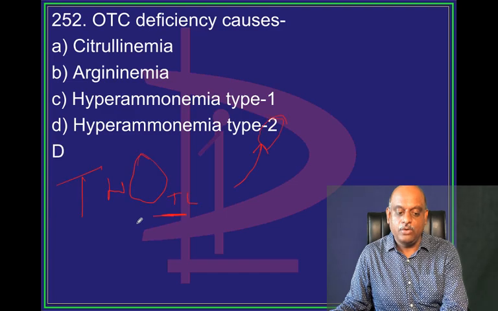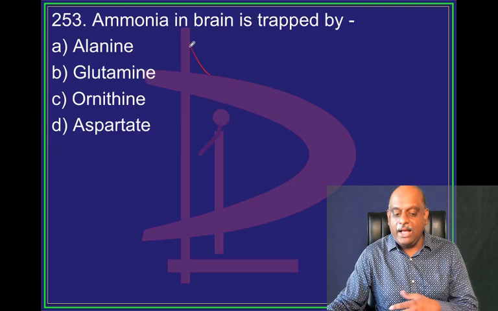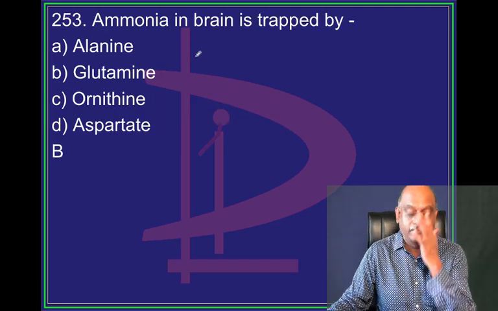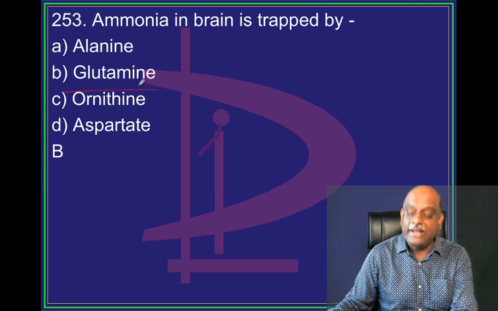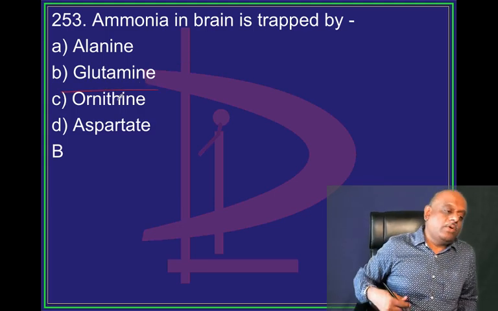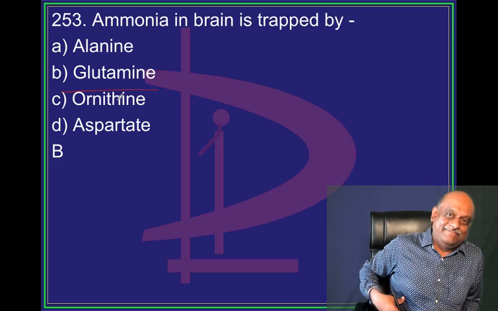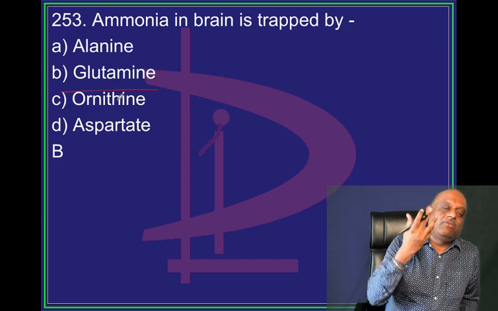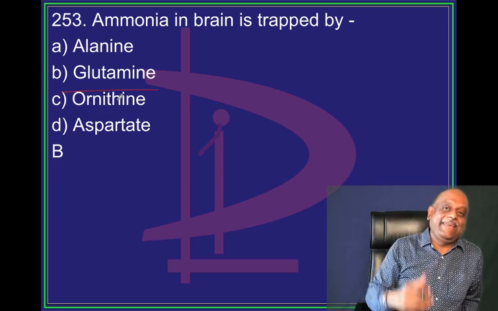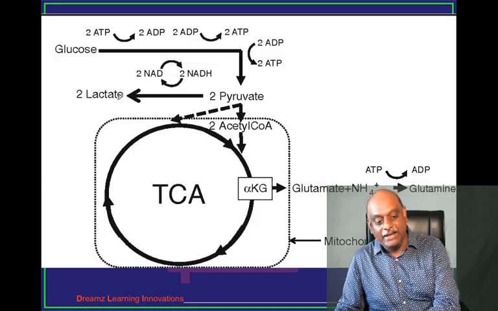Now doctor, ammonia in the brain is trapped by glutamine. So whenever your liver is not working, when you get hyperammonemia, why do you go into encephalopathy? What is the reason for that?